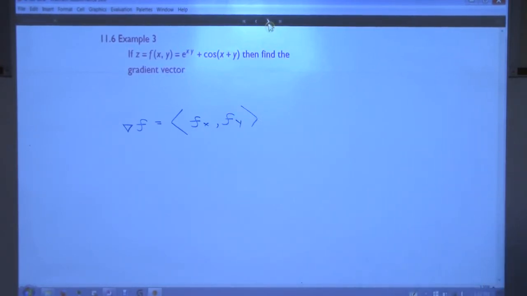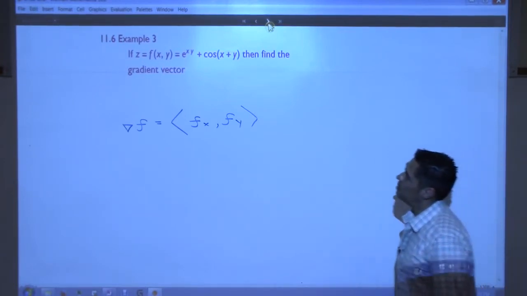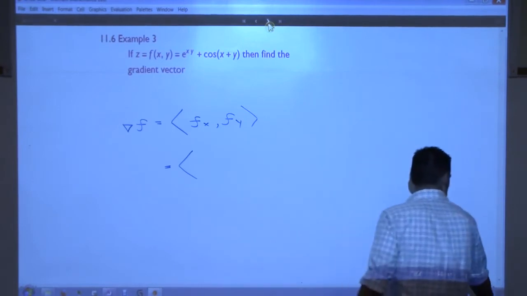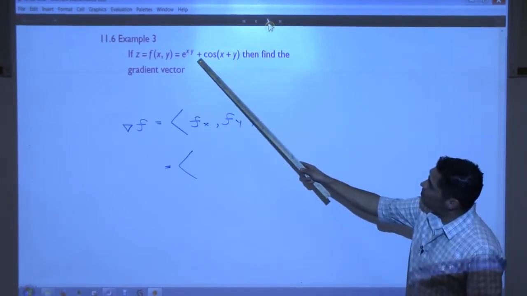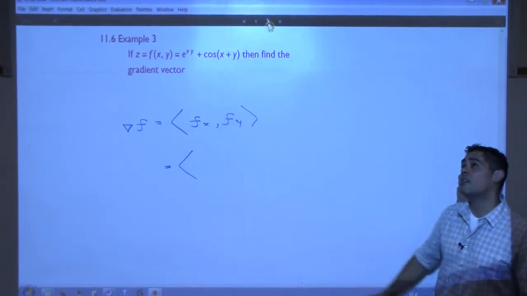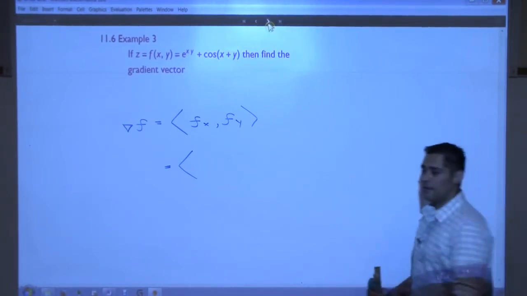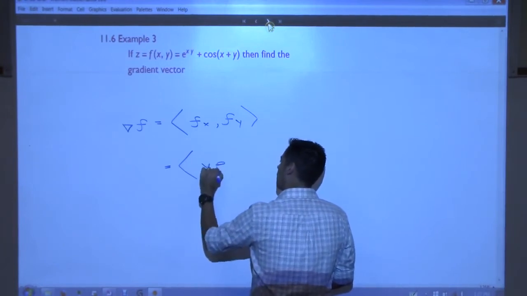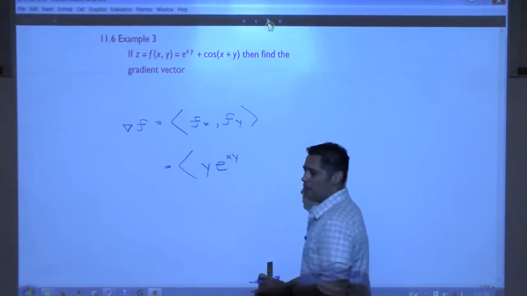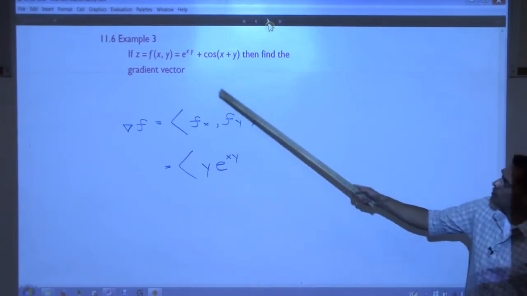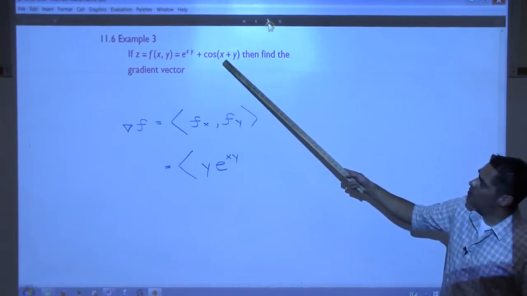And so let's just compute the partial of f with respect to x. Let's see. We have a sum, right? So we can do the partial of e to the xy with respect to x, which would be y e to the xy. I'm assuming that you're okay with that by now, that you can do partial derivatives by now. Plus the derivative of cosine of x plus y.